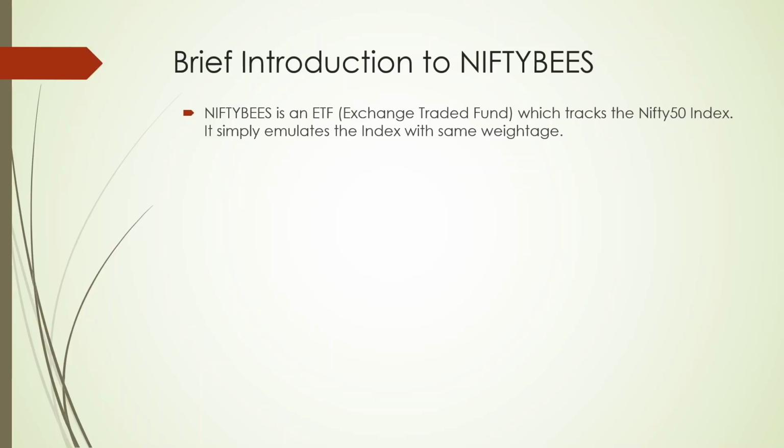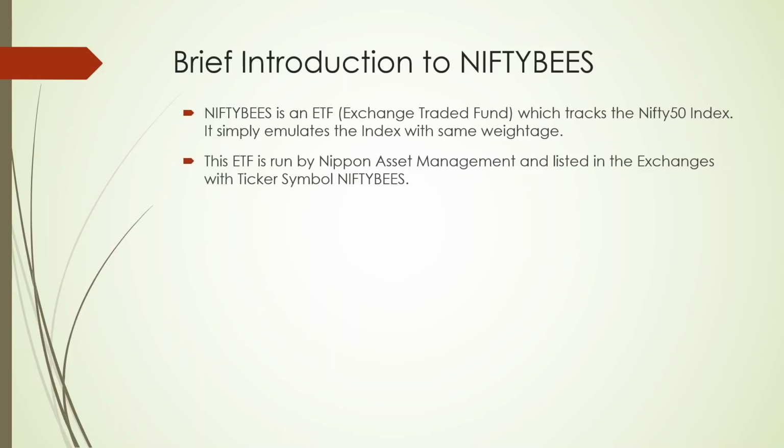Nifty Bees has the same weightage as the Nifty 50 index. So however much the Nifty moves, in similar points or percentage, the Nifty Bees will also move. Basically it emulates and tracks the Nifty 50 index.